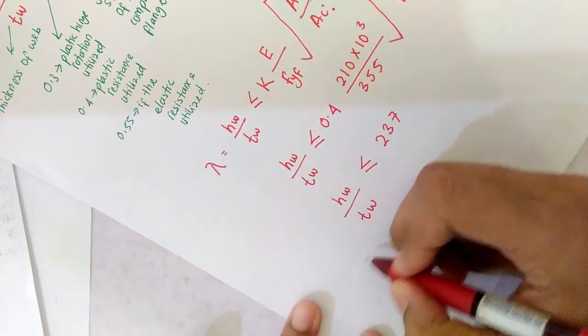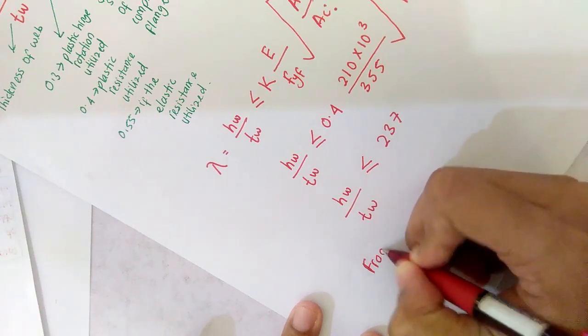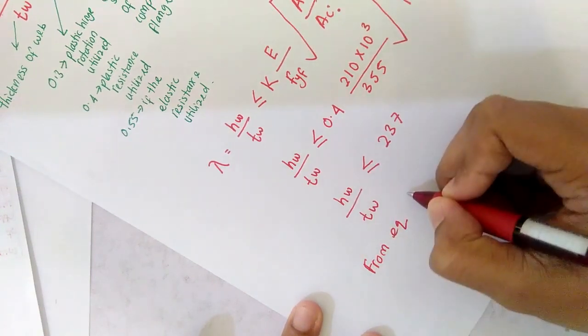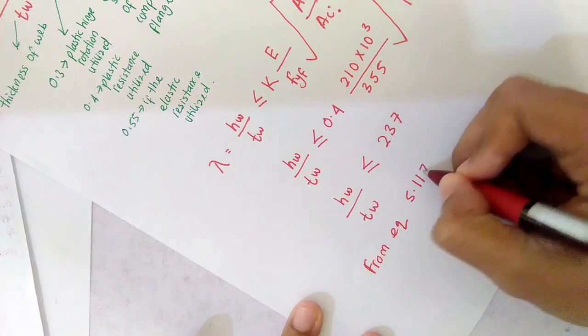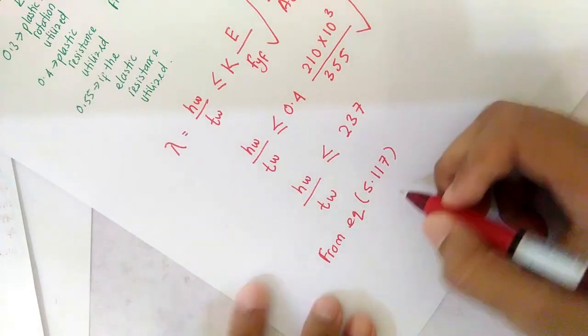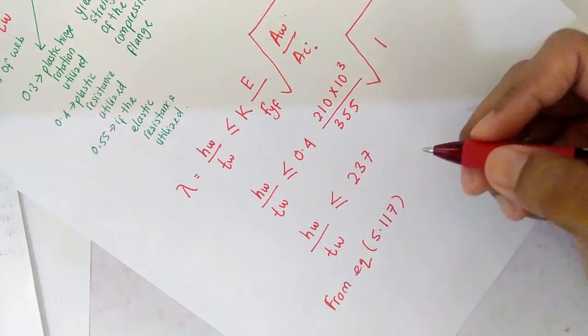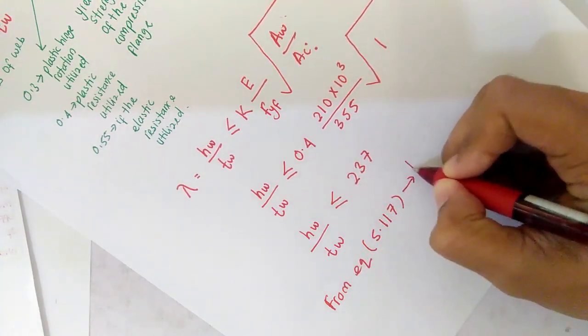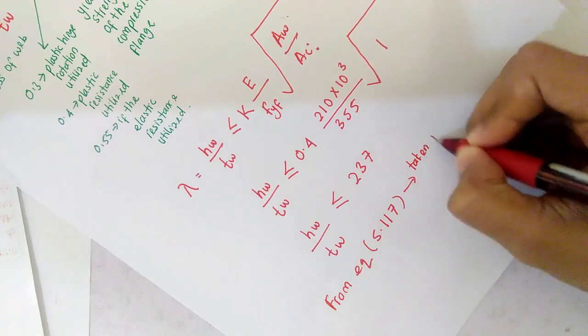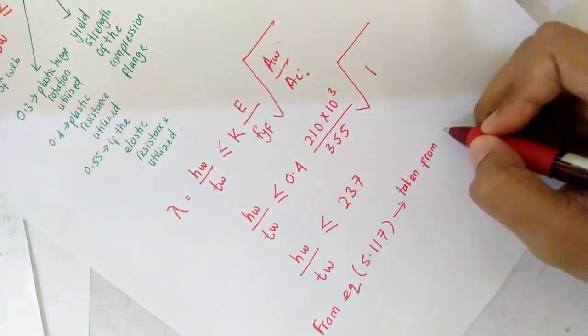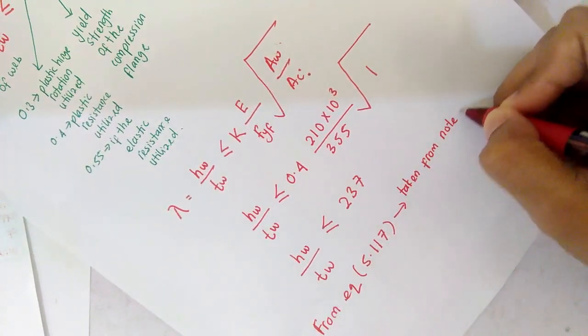Once you get this 237 from this equation, now let's go to the next equation, which is equation 5.117. Where is this equation taken from? From the notes.